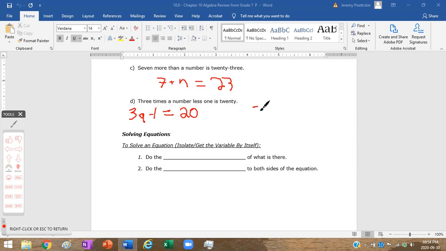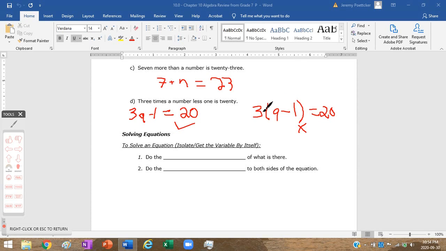So that would look like 3 times q minus 1 equals 20. We could do that as well. In this case, there is a difference. And if I had to mark this one is correct, this one is not.